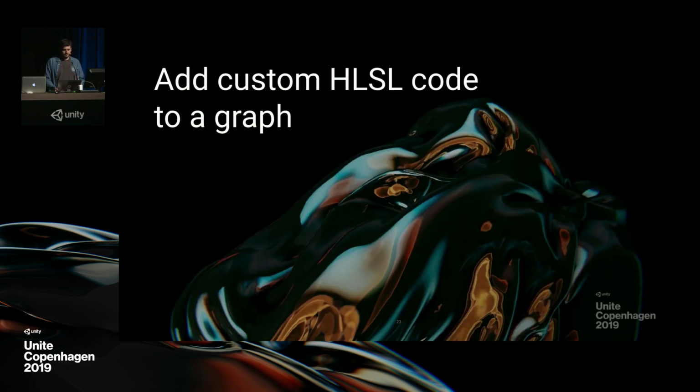And with the improvements that we did to subgraphs, we were able to unlock a new extra perk, if you want. This is something that had been requested a lot by everyone since the beginning when Shader Graph first came out, and it's the ability to add custom HLSL code to your Shader Graph.